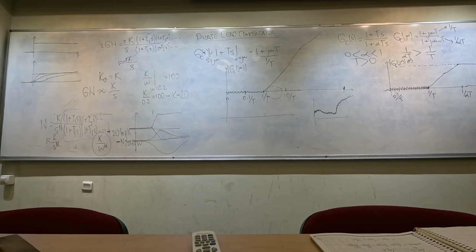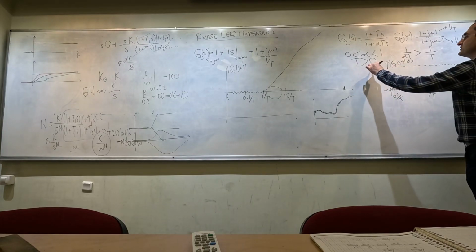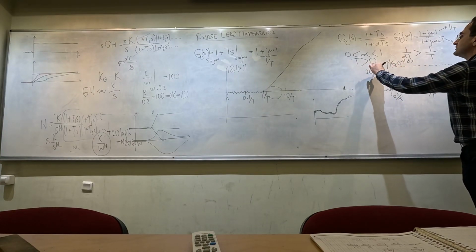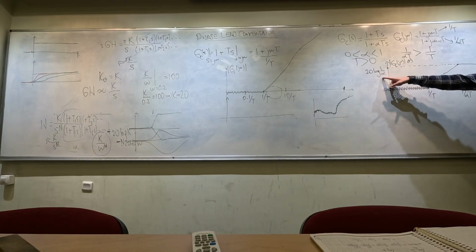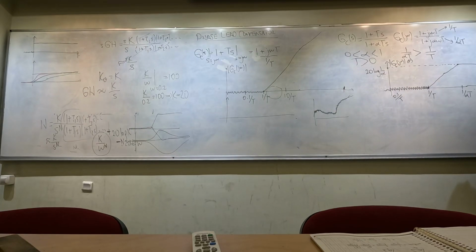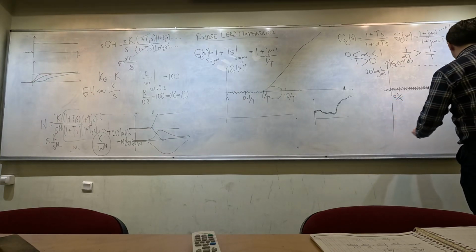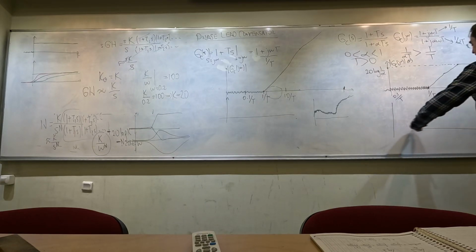Tell me the number in linear scale. It is 1 over alpha. So the limiting value of the magnitude is 20 log of 1 over alpha. Alpha is between 0 and 1, meaning that 1 over alpha is larger than 1, so this is a positive number when I take the logarithm.